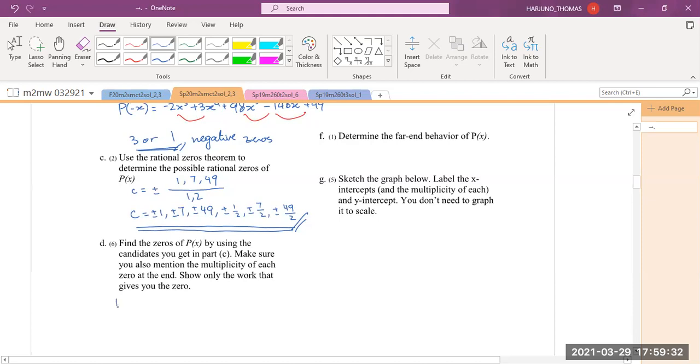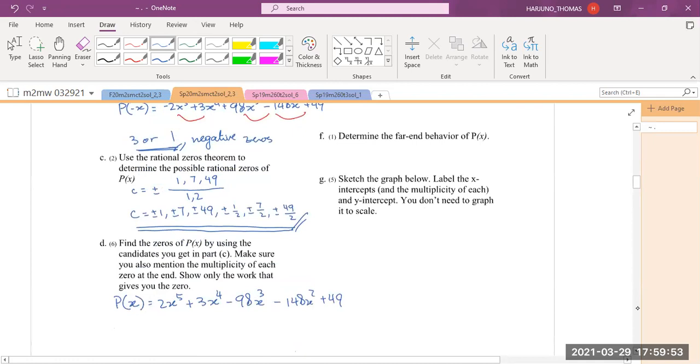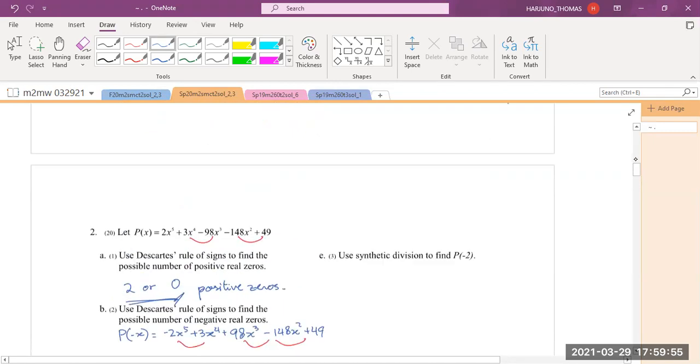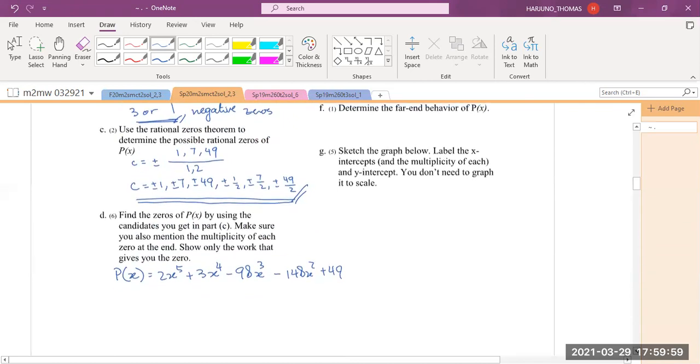Okay. Now, polynomial, let me write down the polynomial again down here. That's 2x to the 5th plus 3x to the 4th minus 98x cubed minus 148x squared plus 49. Let me make sure. Okay, so that's the polynomial.